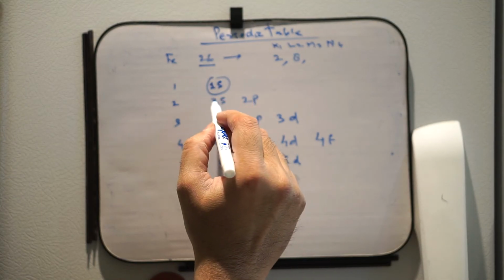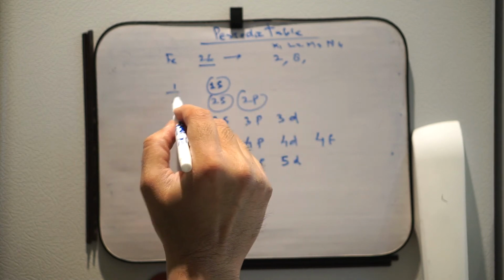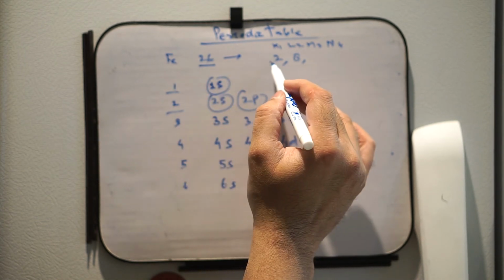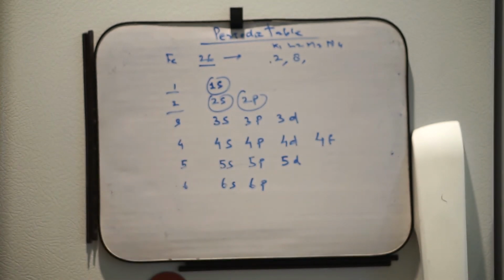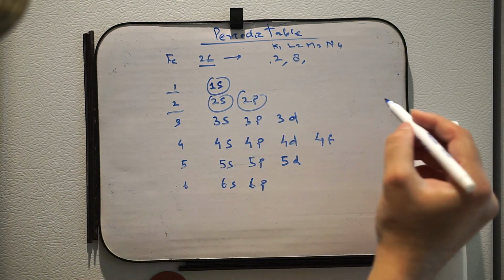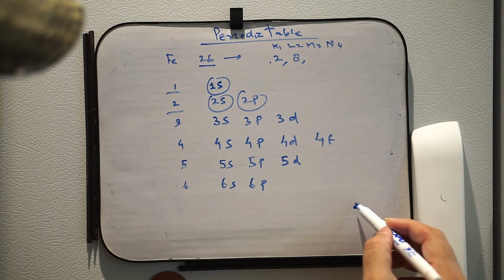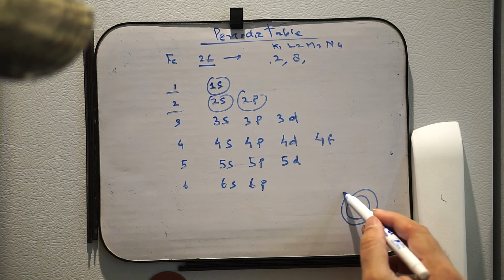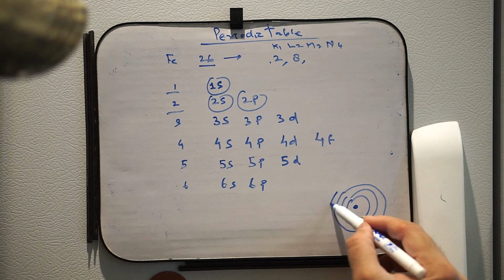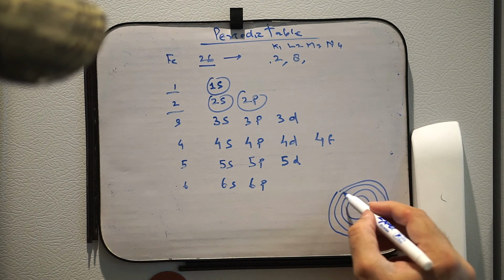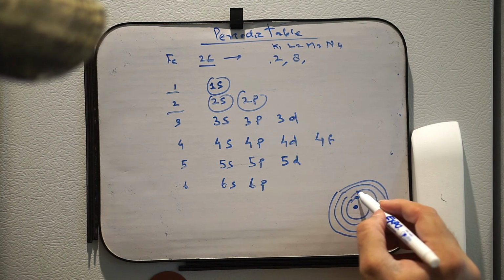This is filled. So the first and second layer are filled. We're going to start filling the third layer of the atom. So it's going to be something like, it's going to be iron. So the first is full, the second is full.